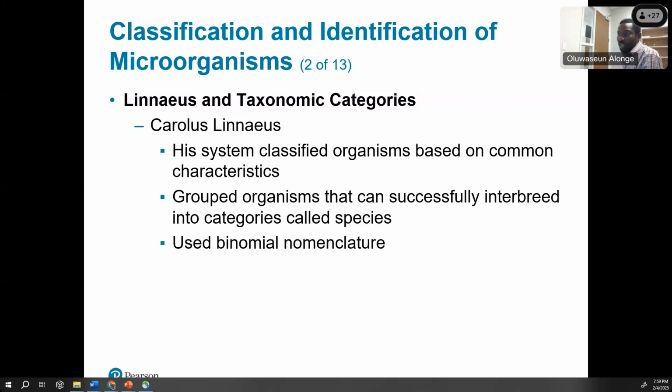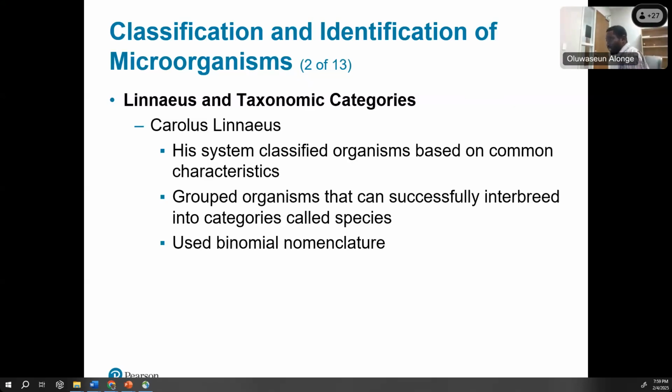That's what he used in naming them. So the system classifies organisms based on common characteristics. He grouped them according to how they can interbreed, which is species. Organisms that can interbreed together and produce live, viable organisms are what we call a species.